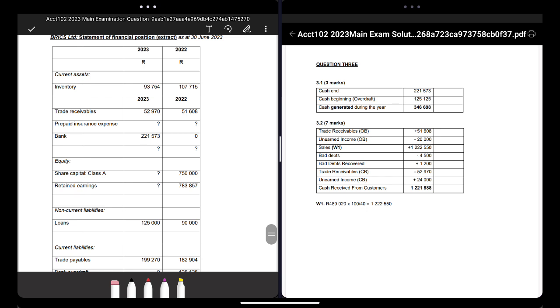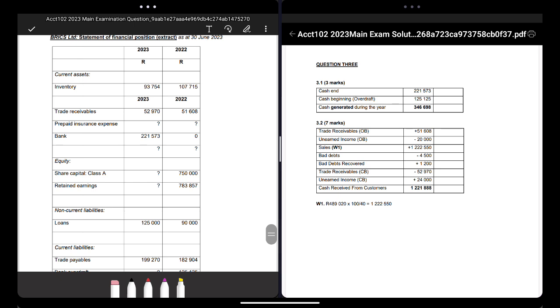You have to ask yourself what is the difference. So let's work it out. 52,970 minus 51... I'm doing the difference, so whether I get a positive or negative, it doesn't matter. I just want the difference. The difference is 1362.